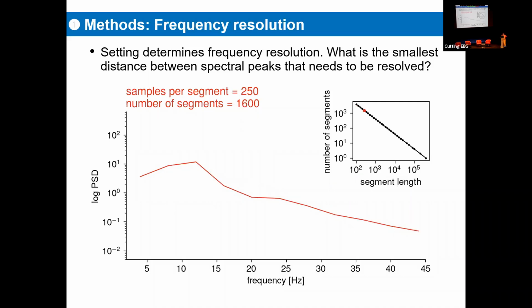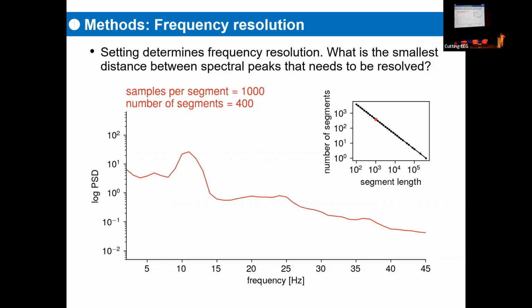We increased the number of samples per segment, and you can see that the frequency resolution increased. But we have fewer segments. Let's increase the number of segments some more. Oh, the peak is emerging. So you have managed to see an alpha peak with a segment length of 1 second. Here the sampling frequency is 1000.